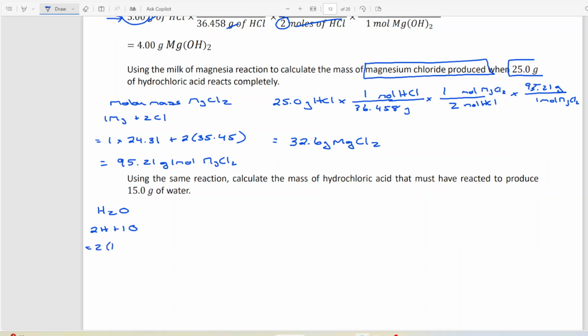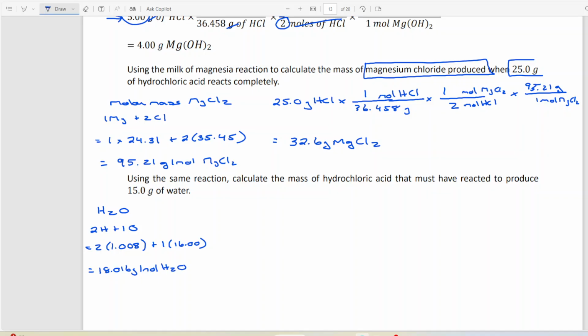Each hydrogen is 1.008, I believe. Yeah. And then 1 oxygen weighs 16. So then the molar mass of water is going to be 18.016 grams per mole of water.